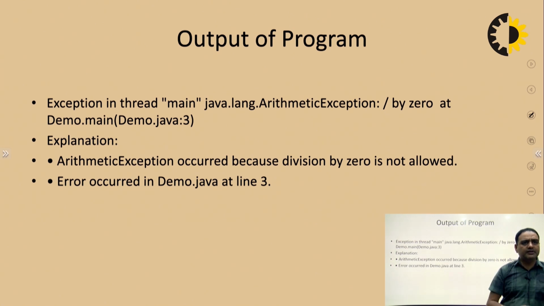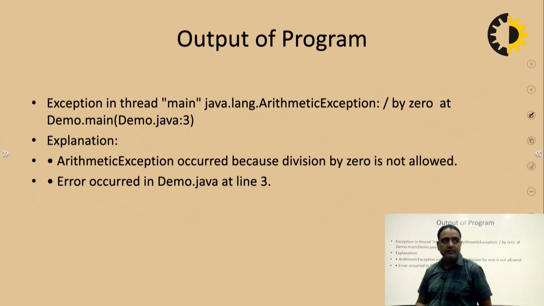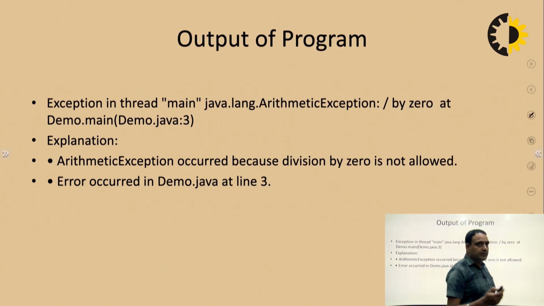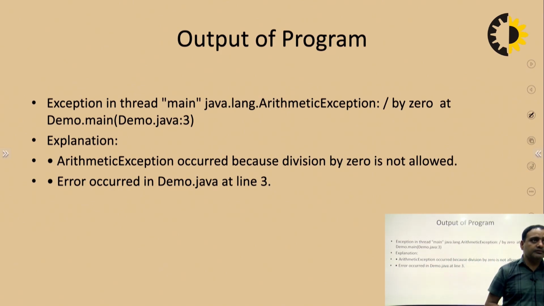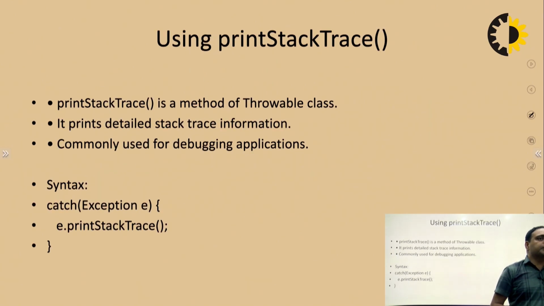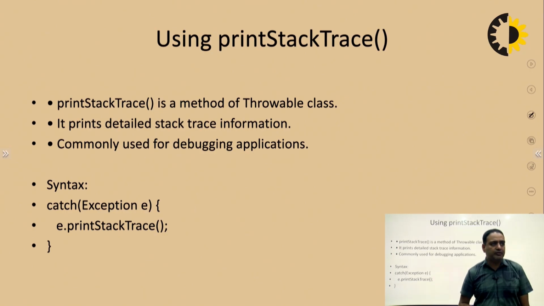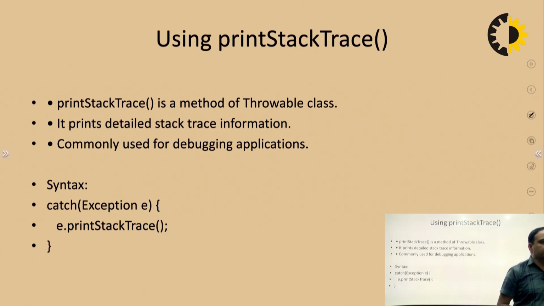This type of information you can get when executing the program. This output may be generated using printStackTrace. printStackTrace is a method of the Throwable class. It prints detailed stack trace information, commonly used for debugging applications.